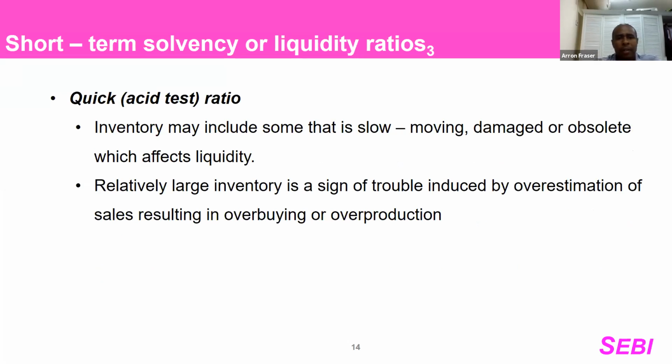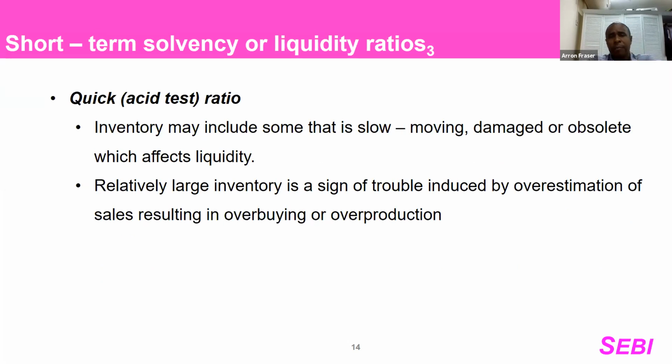The quick ratio, we exclude inventory for the reasons stated before. Some might be slow moving, damaged, or obsolete, which affects liquidity. So the argument for the use of this ratio is that having slow moving, damaged, or obsolete inventory items gives you a false sense of liquidity.